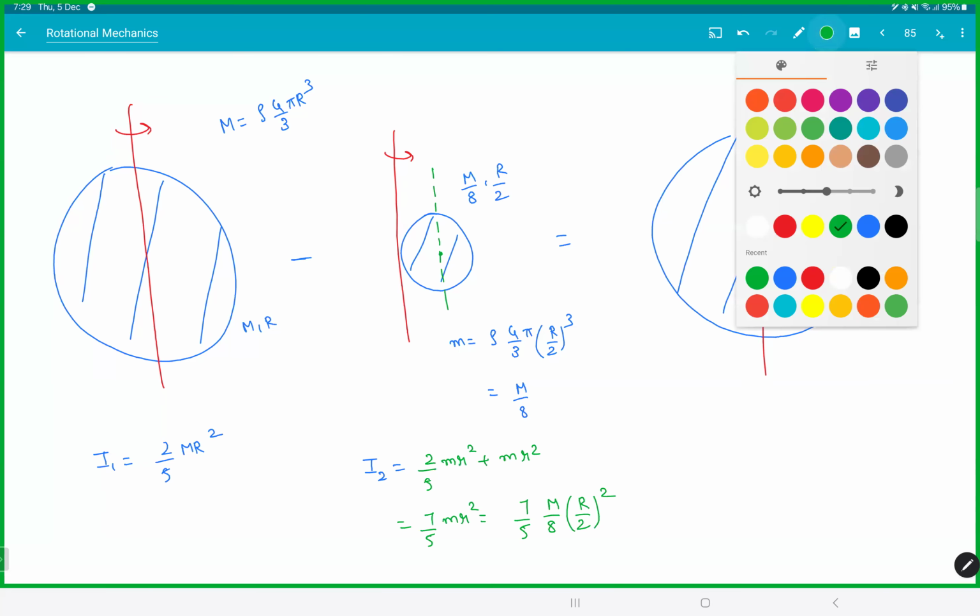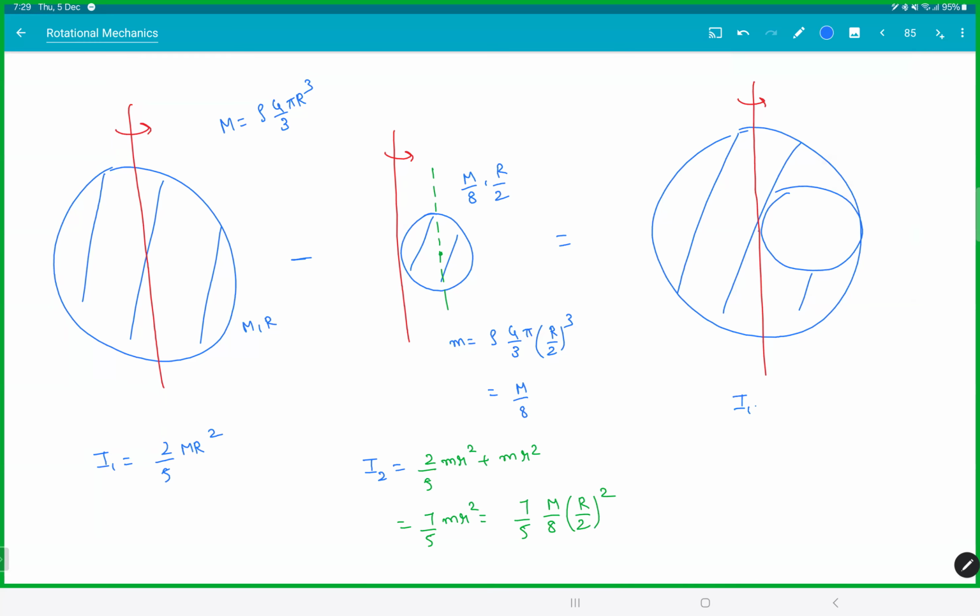Are you getting this? Then your final answer is I1 minus I2. 2/5 mr square minus, how much is this? 7 mr square by 160.